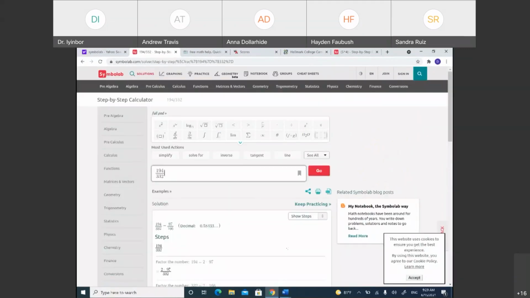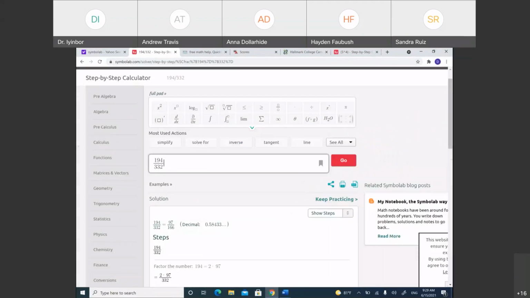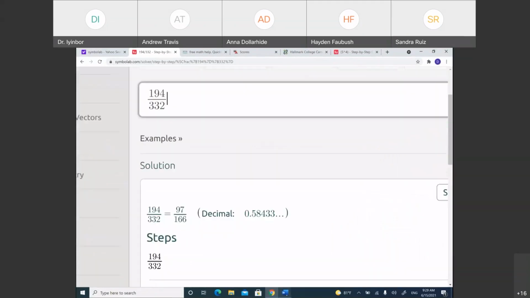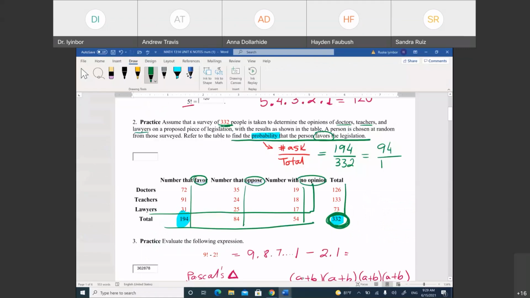This is the fastest: 97 over 166. What I did, I put 94, but it's not 94, it's 97. If it was 94, then you could reduce more, but it's not. So this is my final answer, 97 over 166, and you just put it like that.